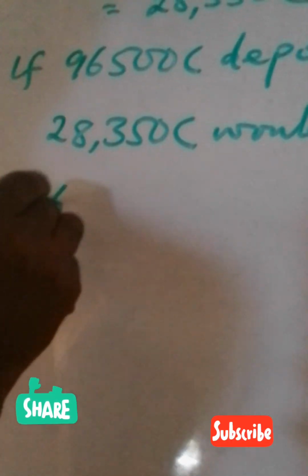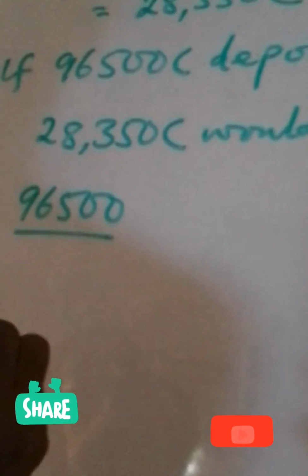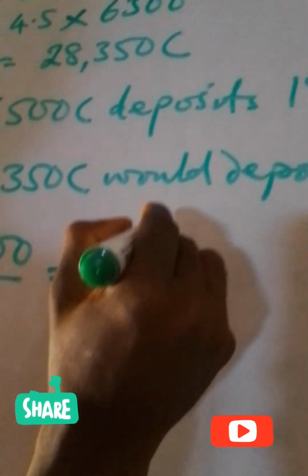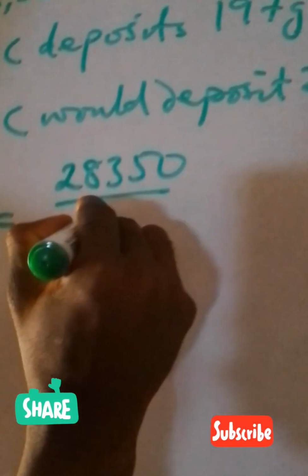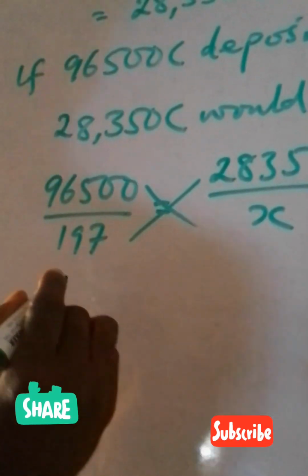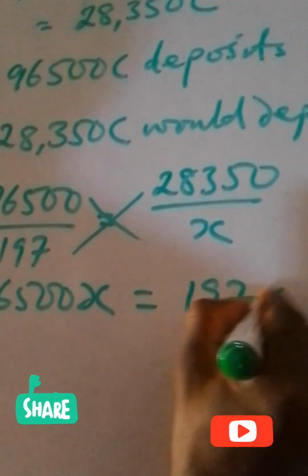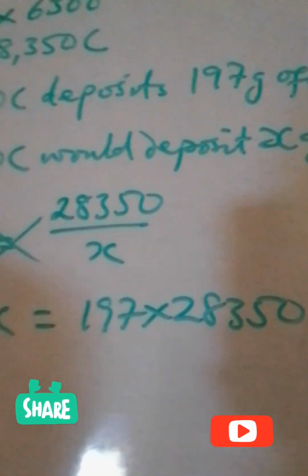So to find this X, we run the proportion by saying that 96,500 divided by 197 is in proportion to 28,350 divided by X. So when we clear the fraction, 96,500 times X equals 197 times 28,350.